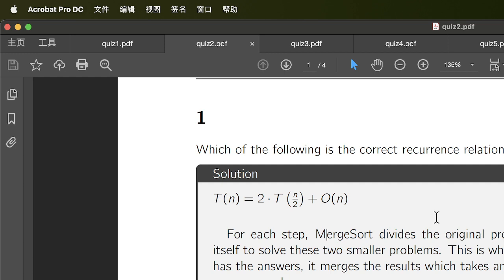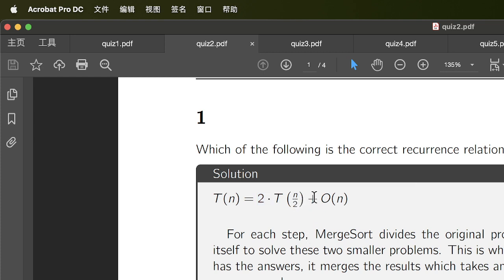That's where this part comes from, because it will recursively call itself to solve these two smaller problems, and they are exactly half of the original problem. So we need to solve both, so we get 2T of n over 2.